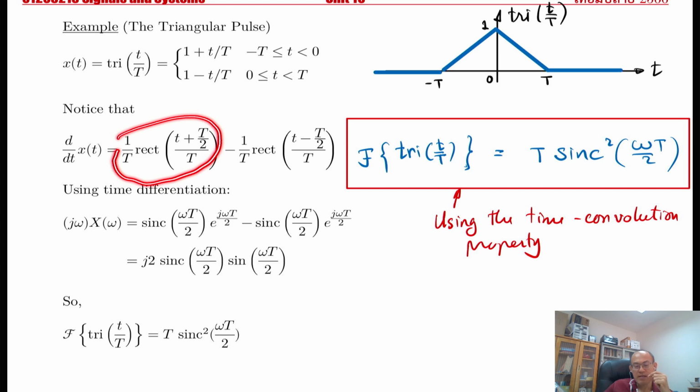The amount of time that we are shifting it is minus capital T over 2, so we are multiplying in the frequency domain by e to the j omega T over 2, by the time shift property. And the other one, again, is a time shift property, so we multiply it by this.